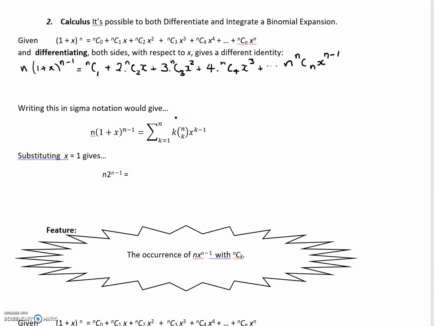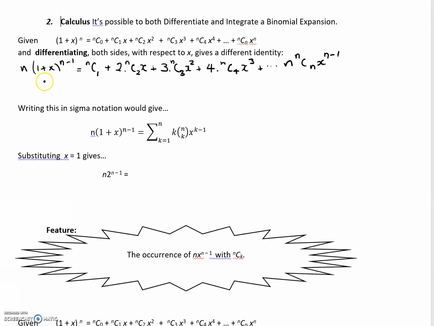Now, you may see identities that are a result of differentiating, but they have also had a substitution. So it's like it's had two things happen to it.